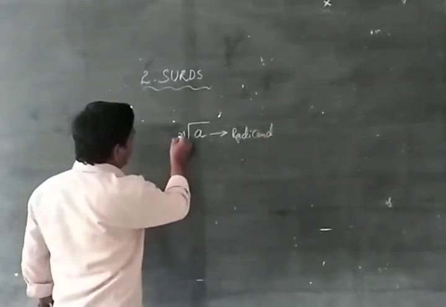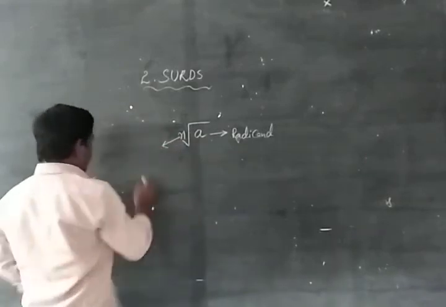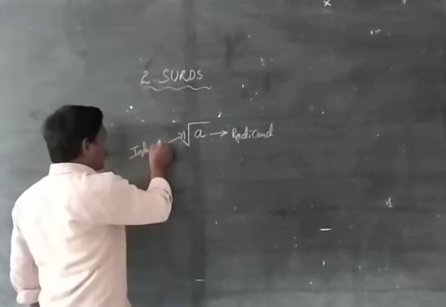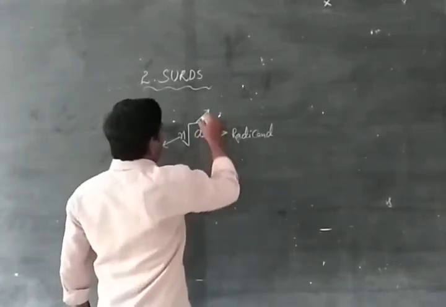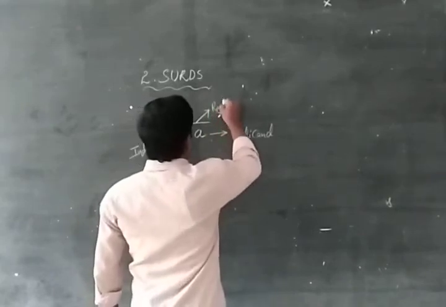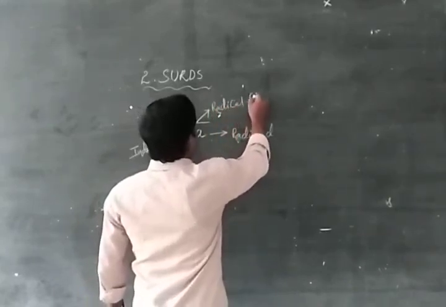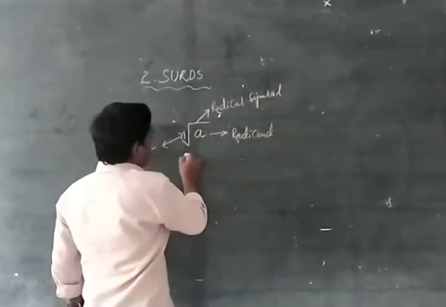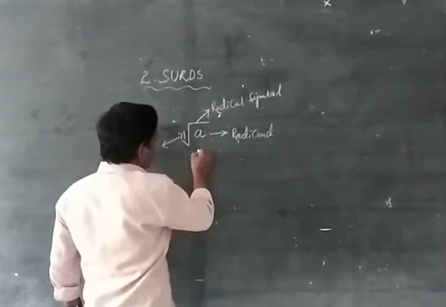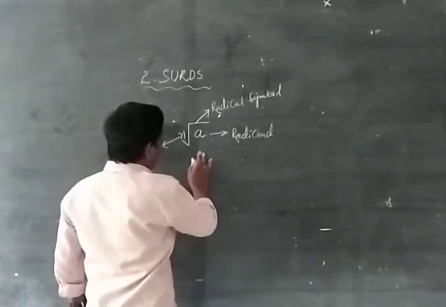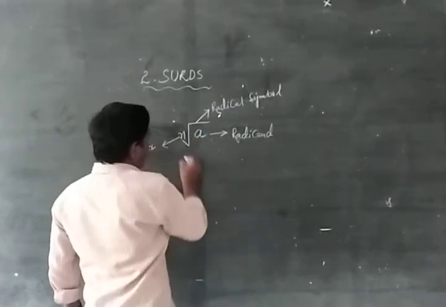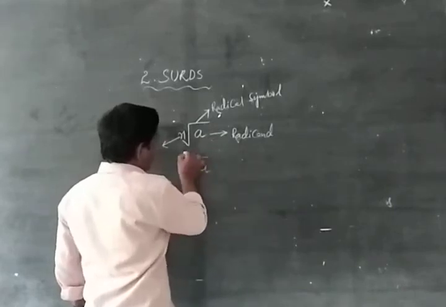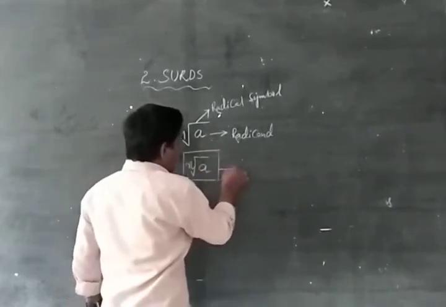This is the index. This is the radical symbol. And this is the nth root of a. The total one is the radical.